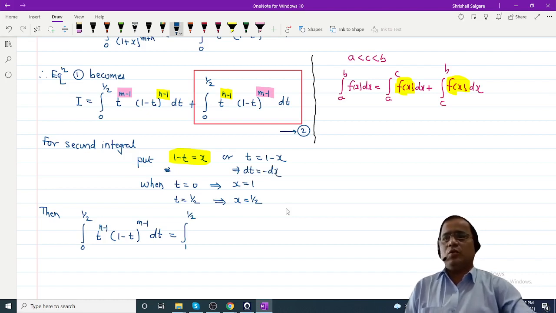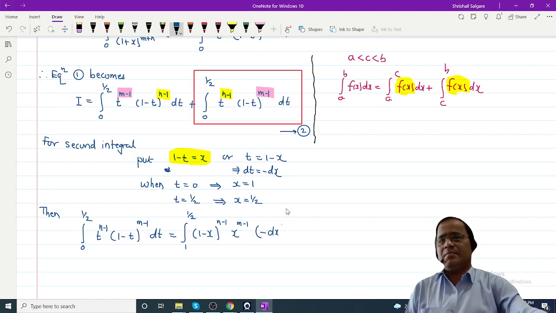Now t is 1 minus x, so t raised to n minus 1 is (1 minus x) raised to n minus 1, and 1 minus t is x raised to m minus 1, and dt is minus dx. So this negative sign I will absorb into the limits of the integral. I will change the limits. So that integral can be written as 1/2 to 1 of x raised to m minus 1 into (1 minus x) raised to n minus 1 dx.